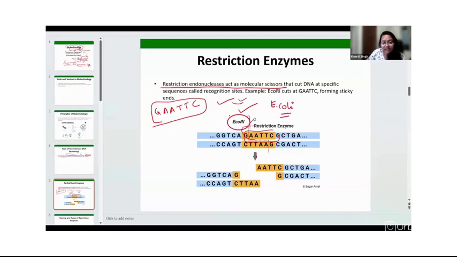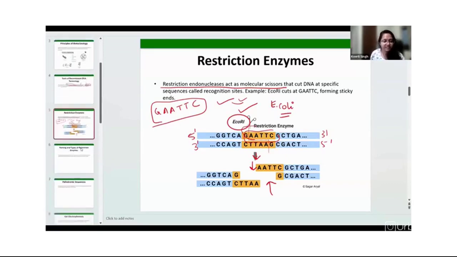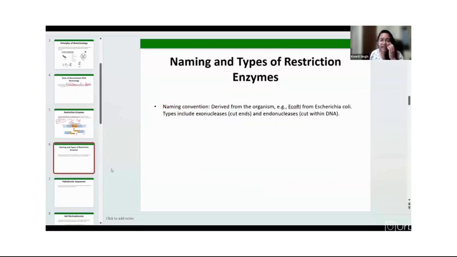This will specifically recognize this sequence and cut the DNA at this part in both the strands, right? These are anti-parallel strands, 5 prime to 3 prime and 5 prime to 3 prime. So it will cut both strands, right? So this acts as a molecular scissor. This EcoR1, I already told you, is derived from Escherichia coli, right?